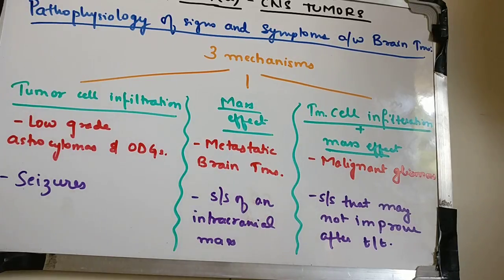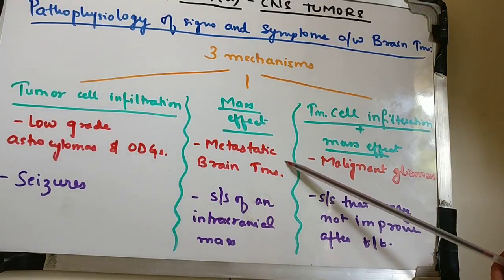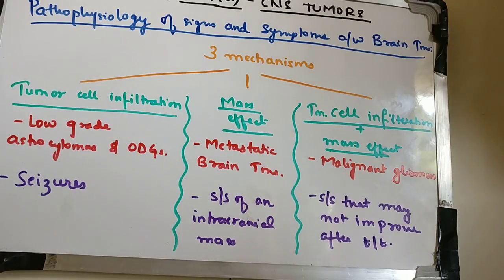So the tumor is pushing away the normal brain parenchyma, but it is not destroying the surrounding brain tissue. It is usually seen with your METs, that is your metastatic brain tumors. They typically grow in this way. The patient presents with symptoms and signs of an intracranial mass, which often resolves after treatment. So you remove the tumor, the competition for the space is gone, and even the symptoms resolve.